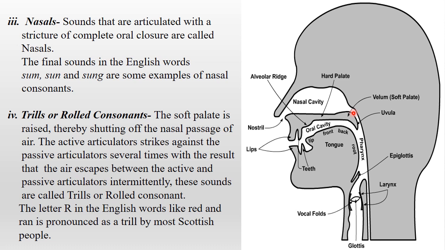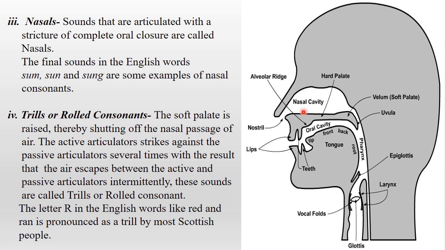The soft palate lowers in the direction of this oral cavity. It completely shuts or obstructs this cavity, and the air passes only through the nose or the nasal cavity, and those sounds are called nasals. For example, the final sounds in the English words sum, sun, sung are some examples of nasal consonants.